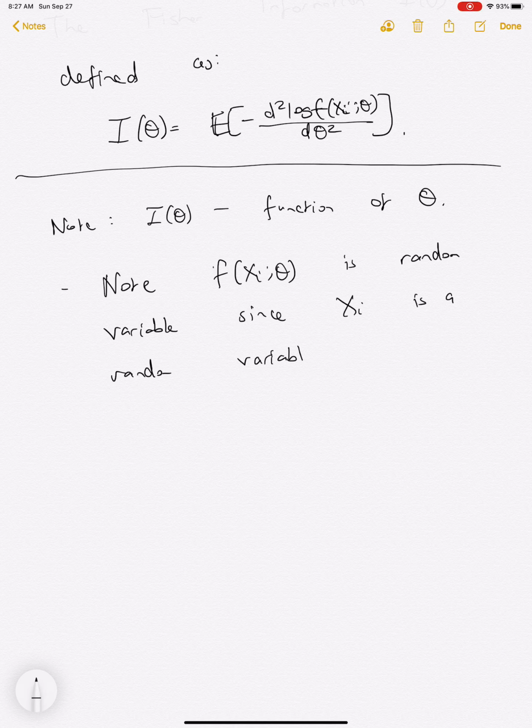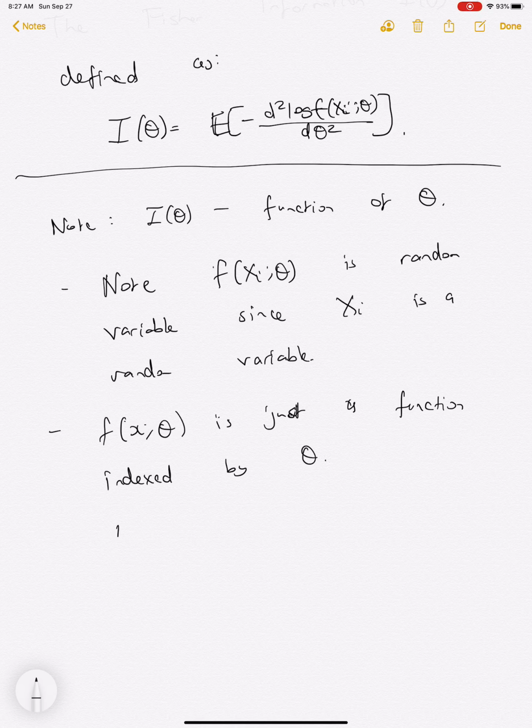This is something you're potentially not overly used to seeing in this class, that xi is a random variable, and f is a function. Remember that f of x theta is just a function indexed by theta.